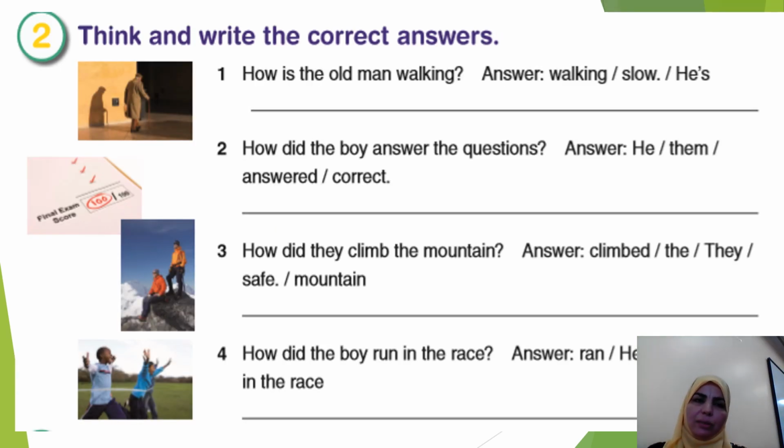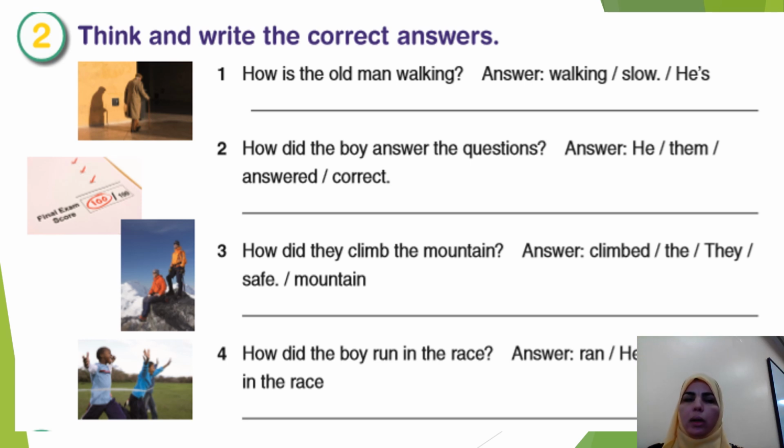Now, my lovely students, we will move to the second part of our lesson. Think and write the correct answers. We have some pictures here on the left side and some questions. Also, we have answers. You will reorder the answers and don't forget to change the adjective into the adverb. I will read the questions for you. Question number 1, how is the old man walking? Answer: walking slow he is. Question number 2, how did the boy answer the questions?